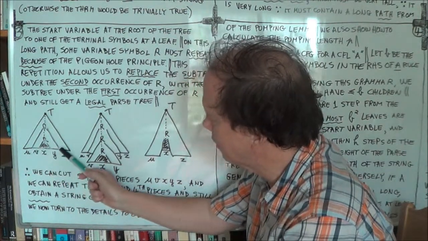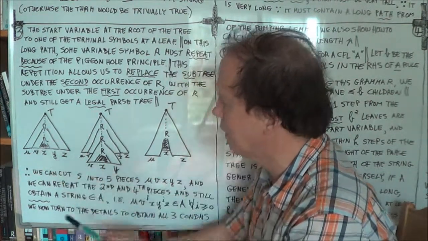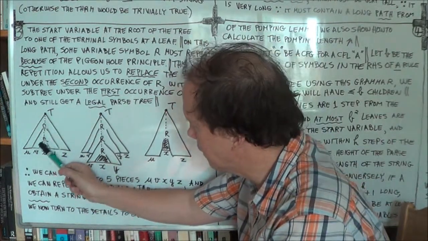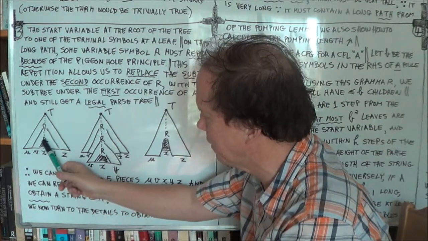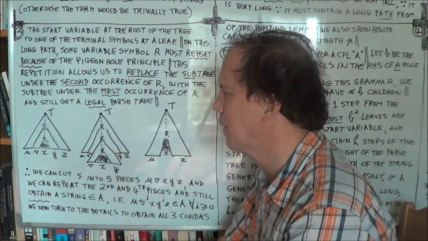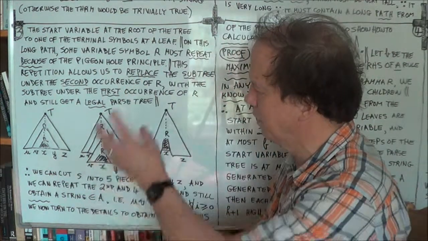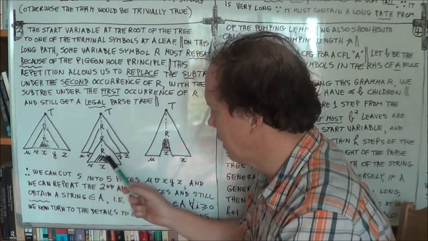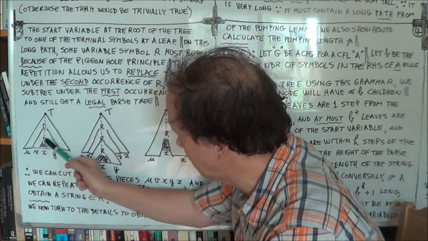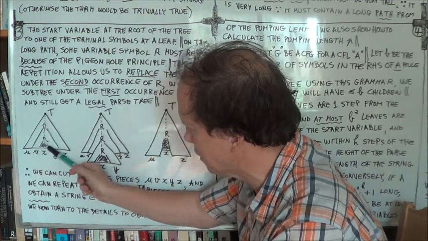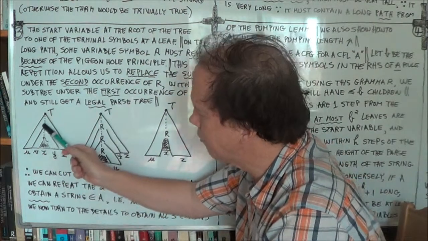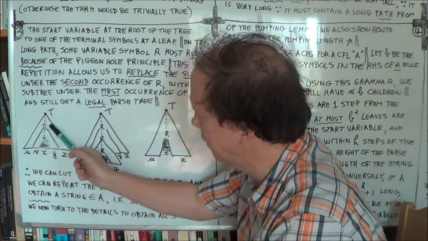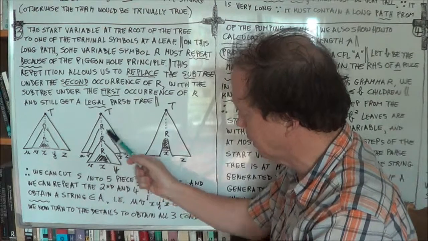This parse tree generated by this R, and this smaller subtree generated by this R, but they're the same R. So you can swap them around. Now when you take this smaller subparse tree and throw it away, and replace it by this larger one, which includes this little one here, you get something like this.